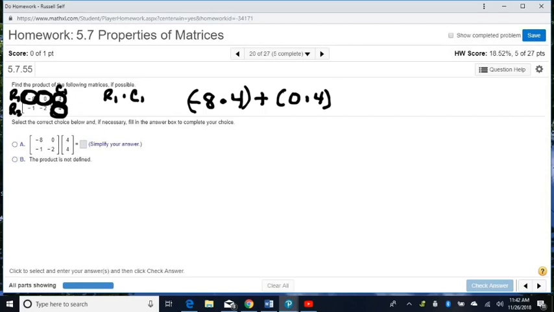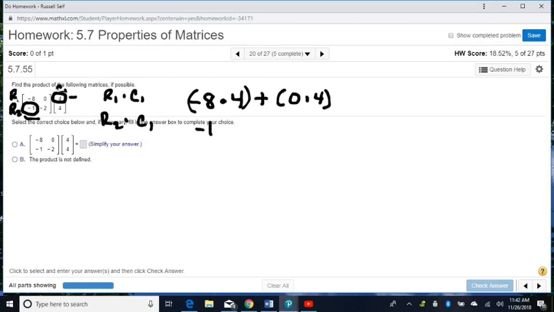All right? So let's do the second one. Okay? So we've got to take everything from row 2 times everything in column 1. Just remember there's only one column to work with, so it's another row though. So we'll take -1 times the 4. So the first thing in this row times the first thing in that column.